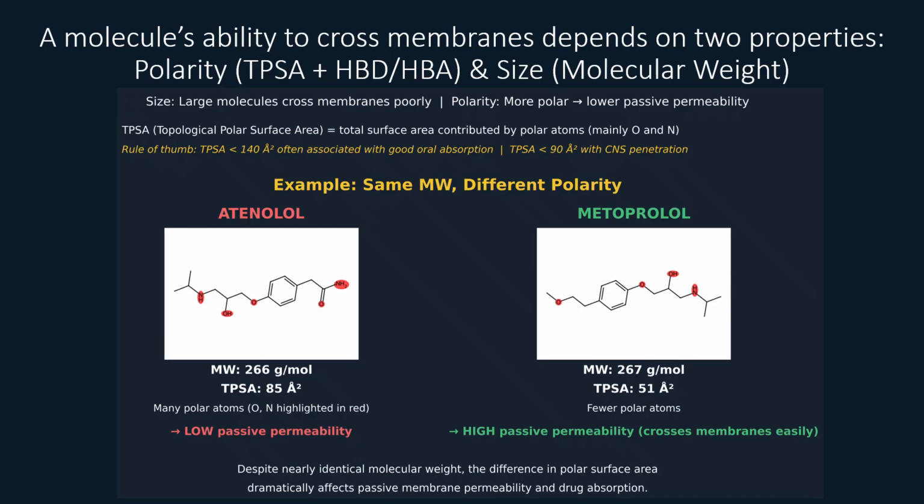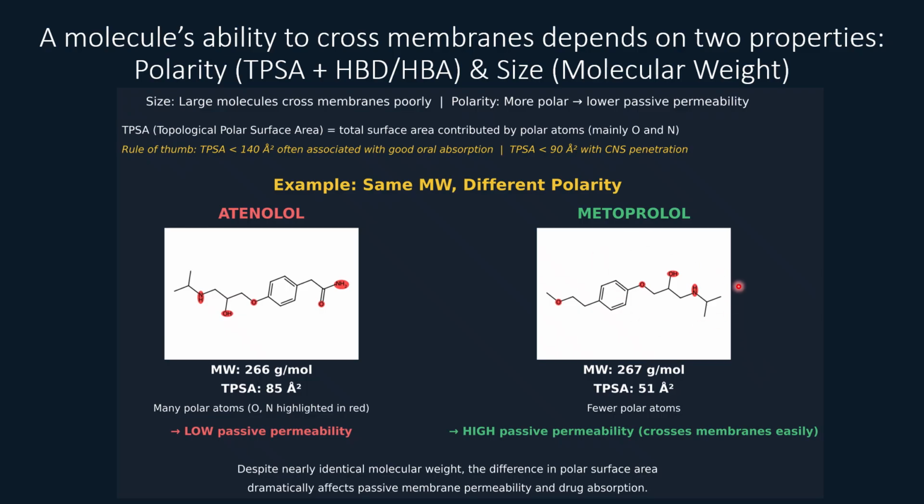You can see an example here, the atenolol metoprolol comparison, which illustrates this clearly. These two molecules have nearly identical molecular weight. You can see here, 266, 267, but very different polar surface areas, leading to dramatically different abilities to cross membranes.